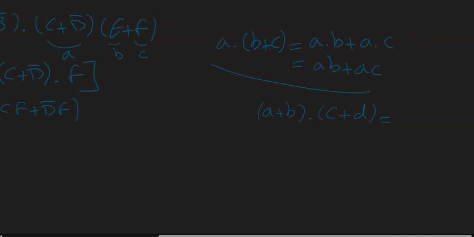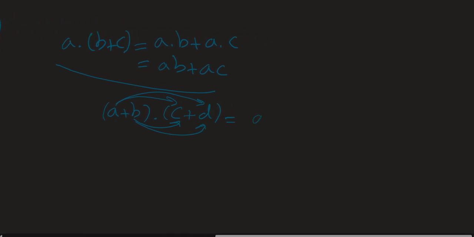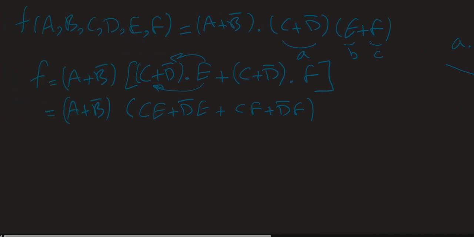Just distribute like this. So it is going to be equal to AC or AD or BC or BD. This is what we have in here.